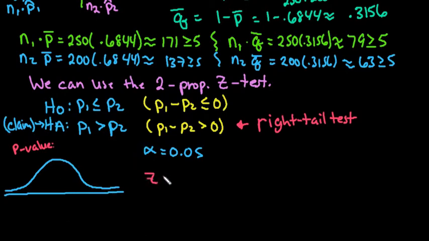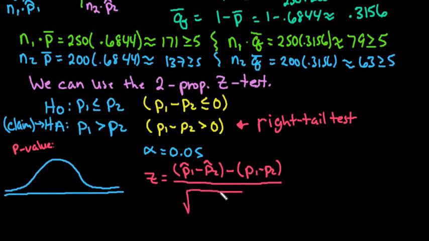So the formula to find z, our standardized test statistic, is we're going to take p hat 1 minus p hat 2, and then we're going to subtract from that the difference of p1 minus p2. And then we will divide this by the square root of p bar, q bar, times 1 over n1 plus 1 over n2.